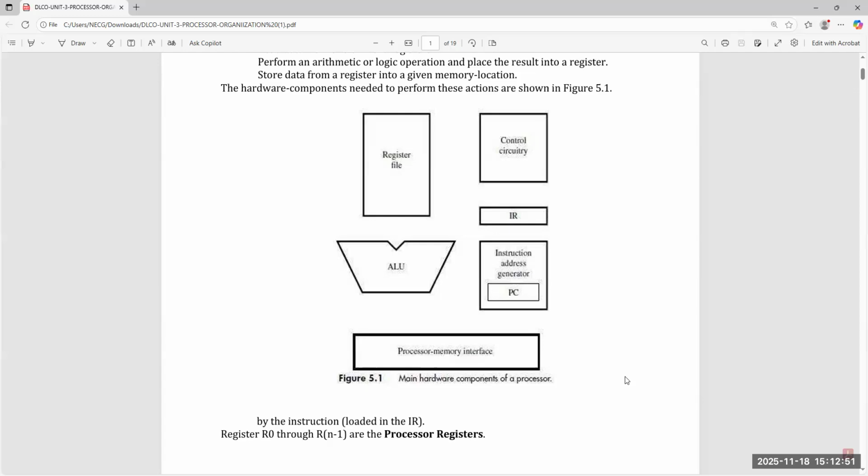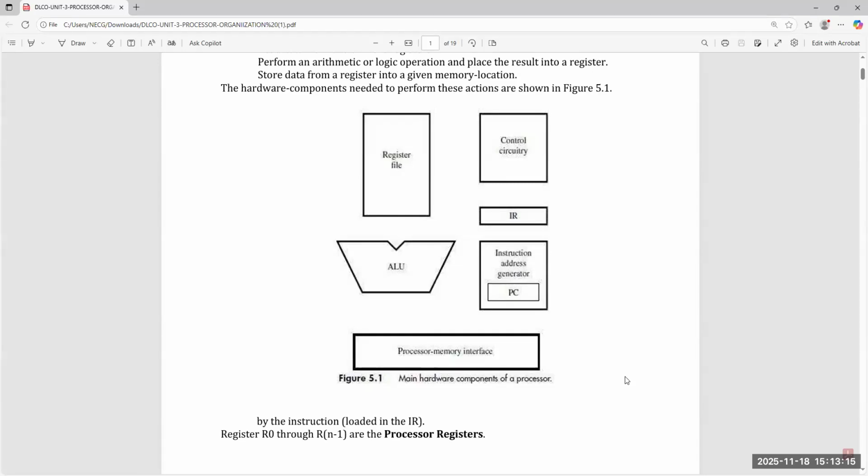In this memory organization, we have the processor memory interface. It is also a component. With the help of the processor memory interface, we get the data from memory and submit the data to memory. That means both read and write are performed.